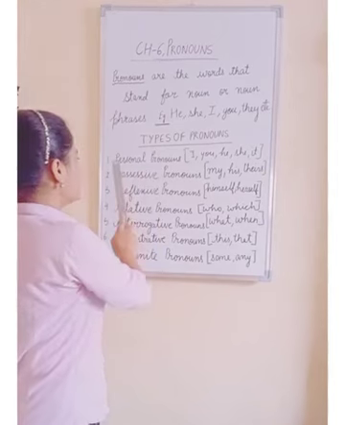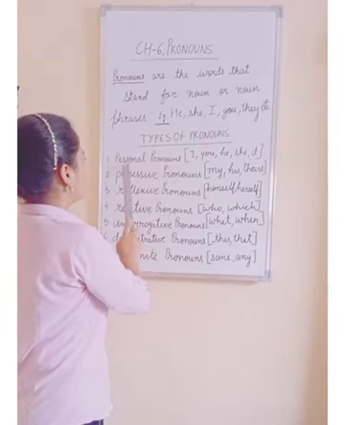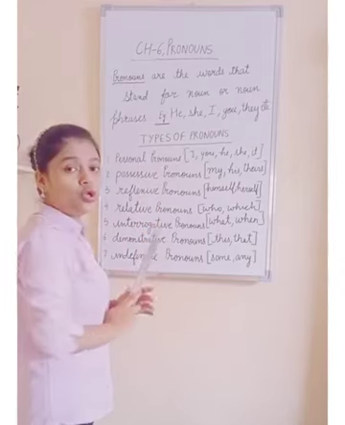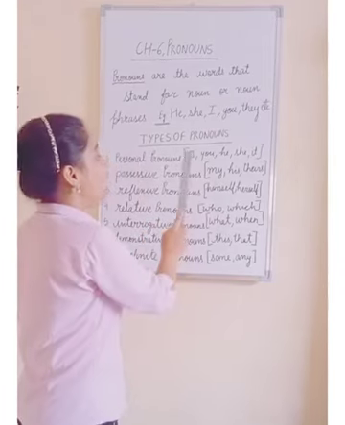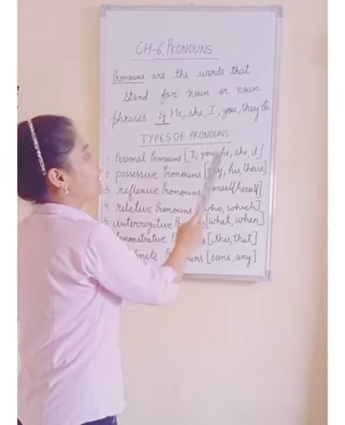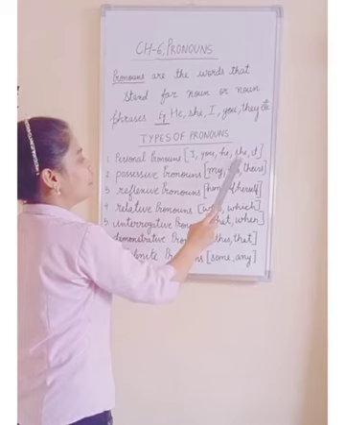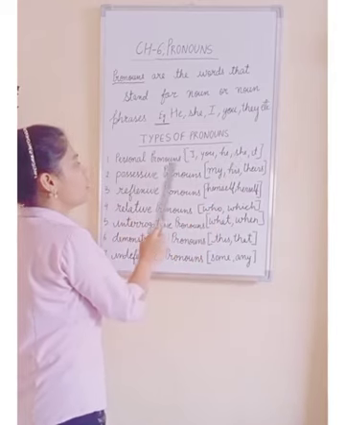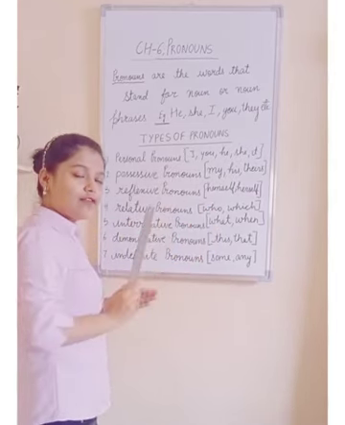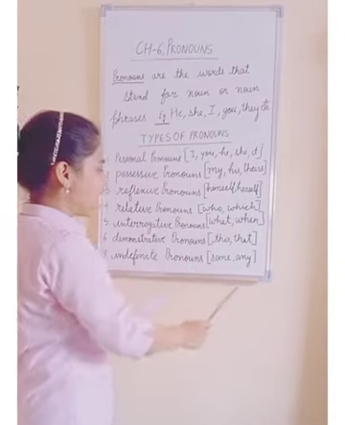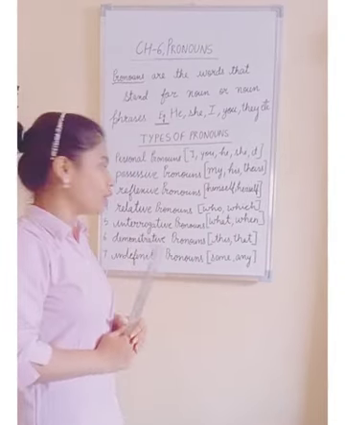Personal pronouns include I, you, he, she, it. All these are examples of personal pronouns. I will explain each concept in detail. First, you have to understand the basic concept.